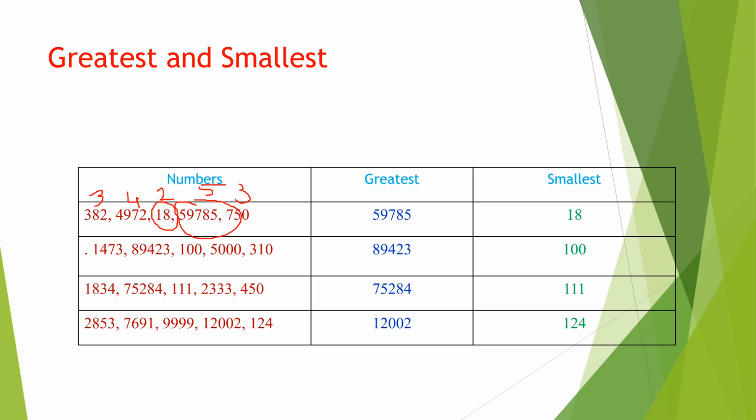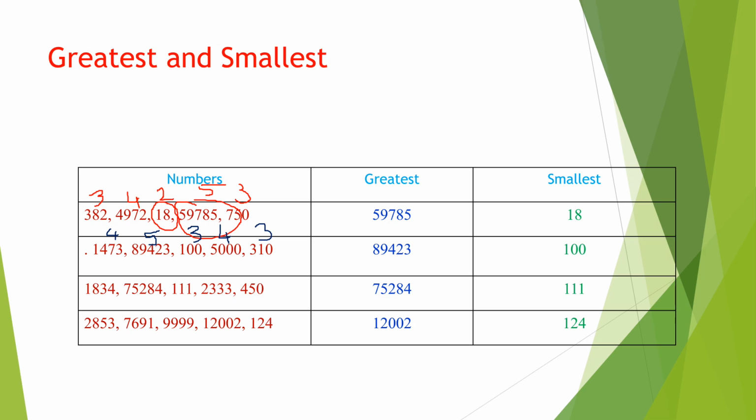We have 4 digits. 89,423, how many digits are there? 1, 2, 3, 4, 5. 5 digits are there. 100, only 3 digits. In 5,310, 4 digits. So, which one will be the greatest number? 89,423 because it has 5 digits.